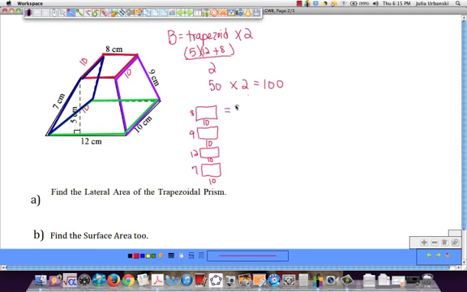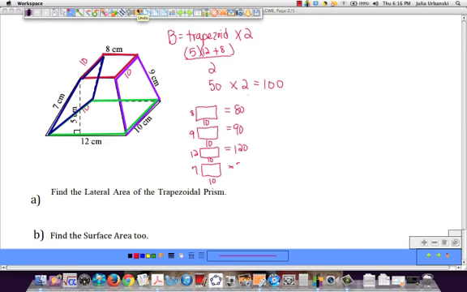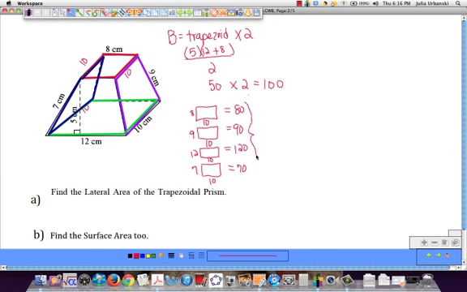So this one is 80, and there's only one of them. This one's 90, this one's 120, and this one is 70. Oops. When you add all those pieces together, I believe it will be 360. Just let me double check. 170 plus 190, 360. Now remember, when the directions say to find the lateral area, you add up all the side pieces without the bases included.